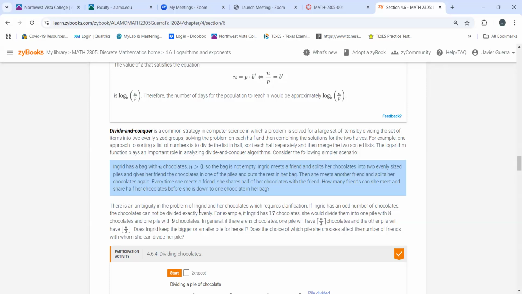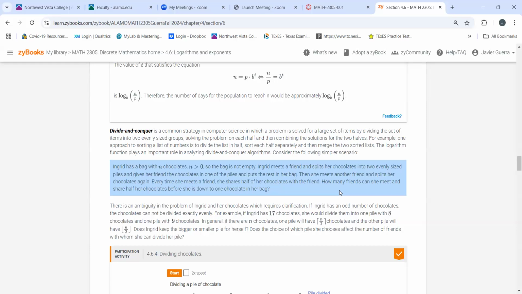So for example, one approach to sorting a list of numbers, which you all have done in Computer Programming 3, is where the list of numbers is divided in half, and then you sort each half separately and then merge the two sorted sets. The logarithm function plays an important role in analyzing divide and conquer algorithms.